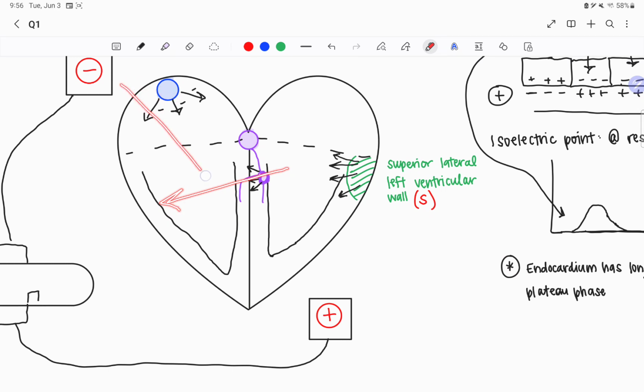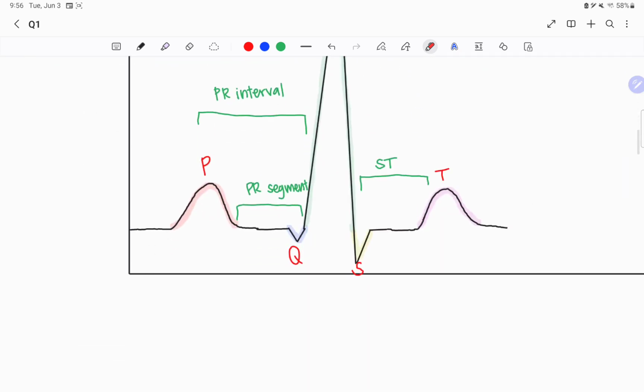And if we take a line straight from here to here, this angle is smaller than this angle, right? So it's kind of pointed. So we have a negative tail pointing more towards the negative terminal than towards the positive terminal, which is why we see this upside down little blip here. Okay, and this is the Q wave.